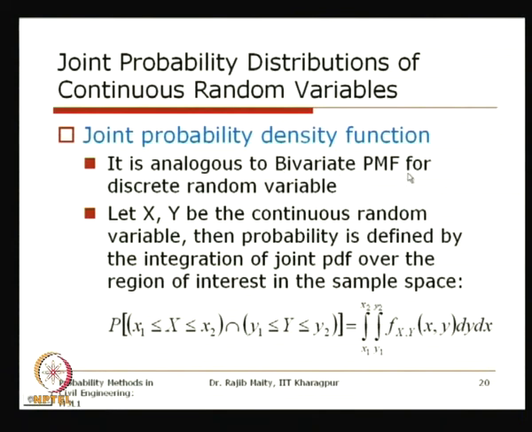So it is analogous to the bivariate PMF, where we used a simple summation. If X, Y are continuous random variables, then the probability is defined by the integration of the joint PDF over the region of interest. So the probability that x is between x1 and x2 and y is between y1 and y2, occurring simultaneously, refers to that specific area.